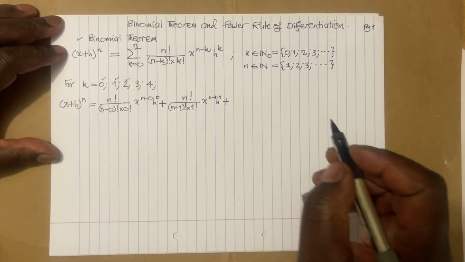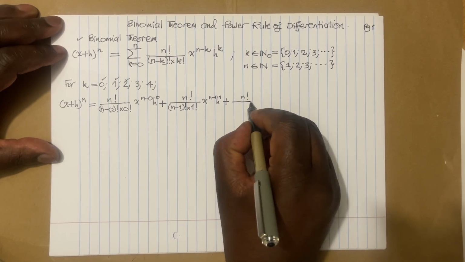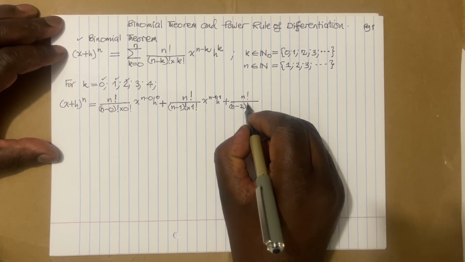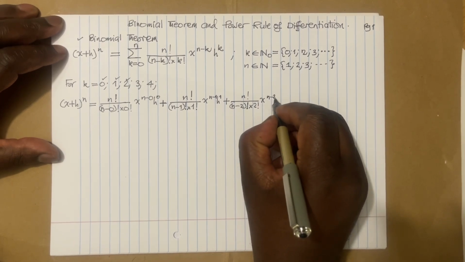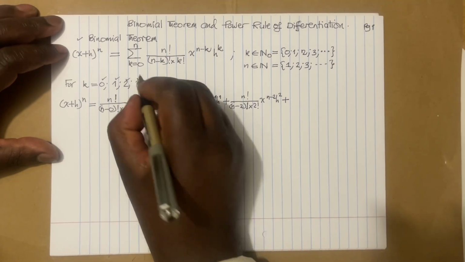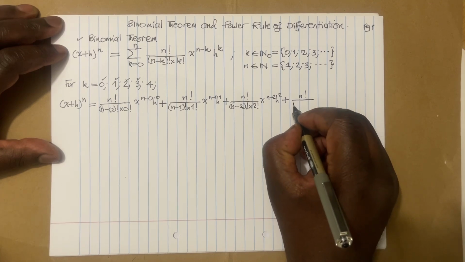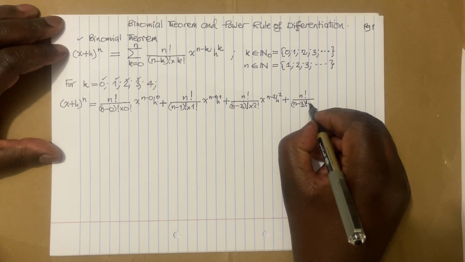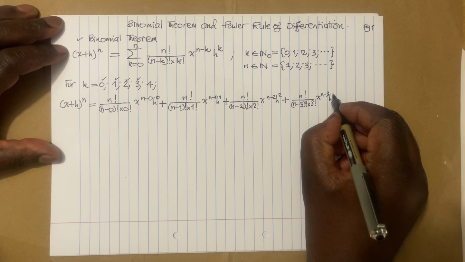I'm coming to k equals 2 now. So n factorial all over (n minus 2) factorial times 2 factorial, of x to the power n minus 2, h to the power 2, plus. Now I'm coming to k equals 3, n factorial all over (n minus 3) factorial times 3 factorial, of x to the power n minus 3, h to the power 3.